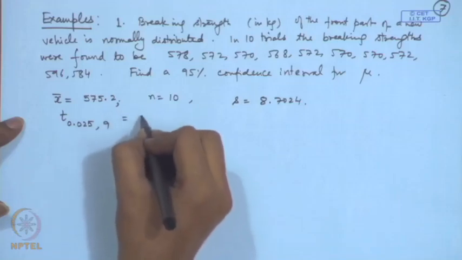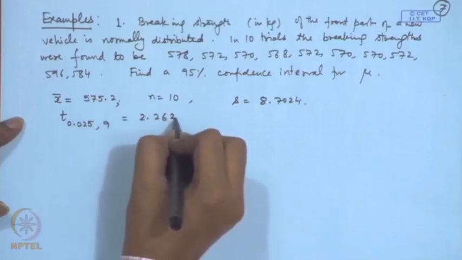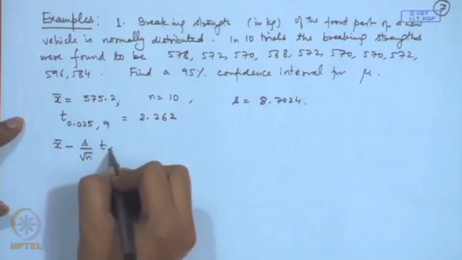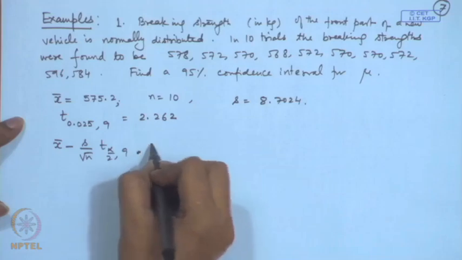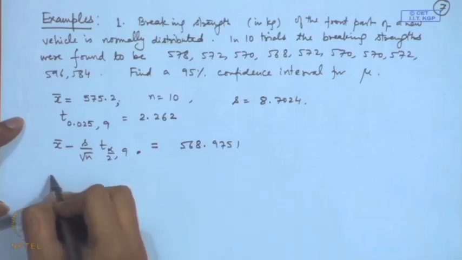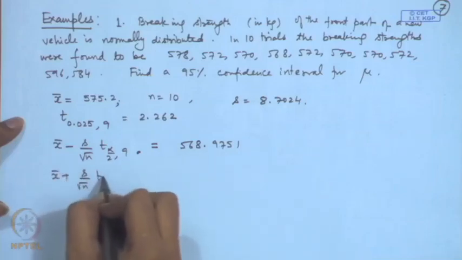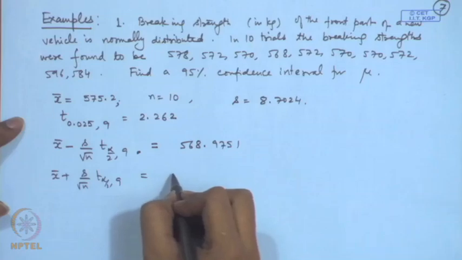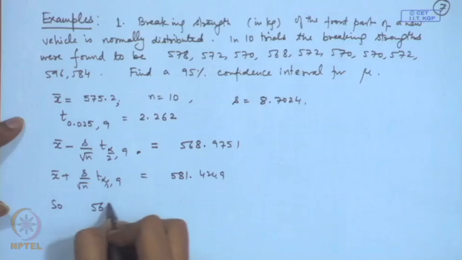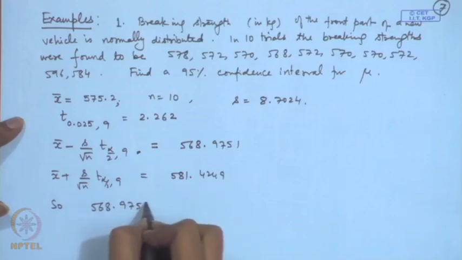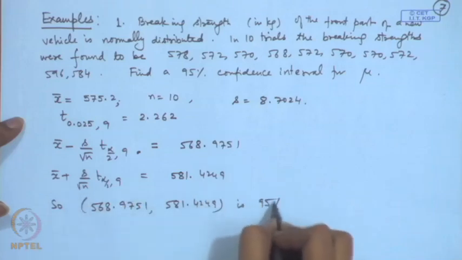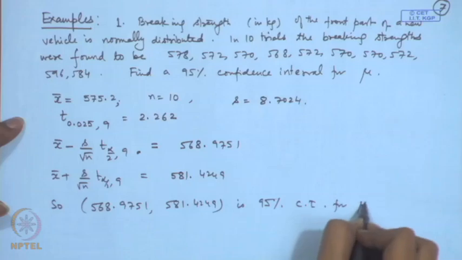From the tables of t distribution, this value is found to be 2.262. So, x bar minus s by root n t alpha by 2 9 turns out to be 568.9751 and x bar plus s by root n t alpha by 2 9 turns out to be 581.4249. So, in this particular problem, 568.9751 to 581.4249 is the 95% confidence interval for mu.